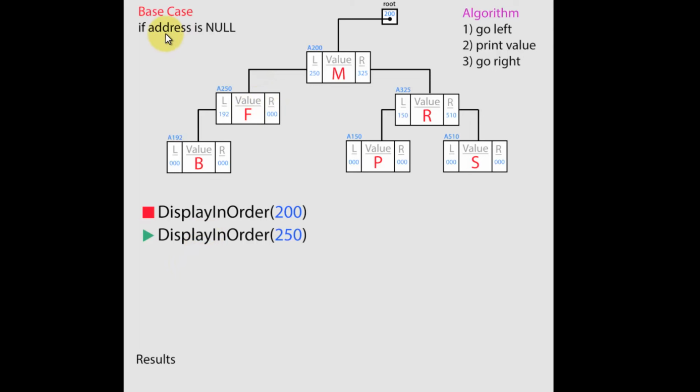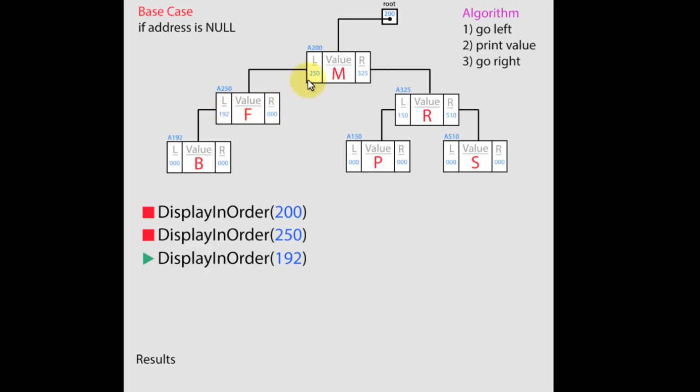Then we need to check the base case. If it's not null, then we need to also go left. So then we'll need to pause this function call as well, and then call the new function. Okay, so now we paused displayInOrder on 250.